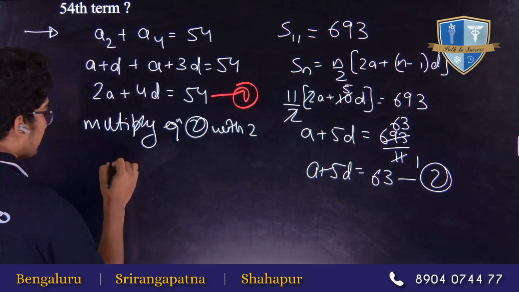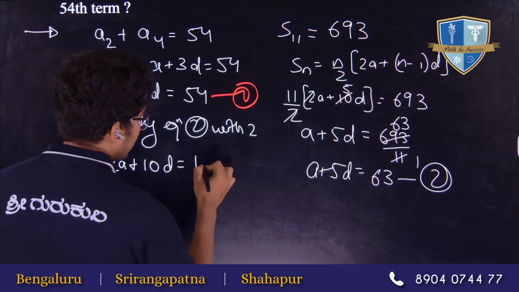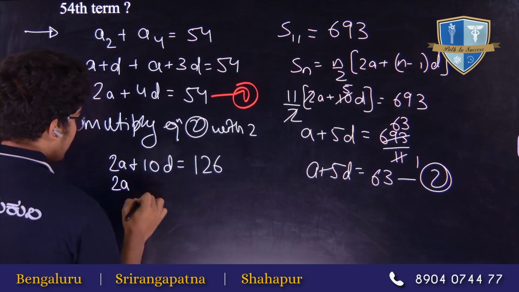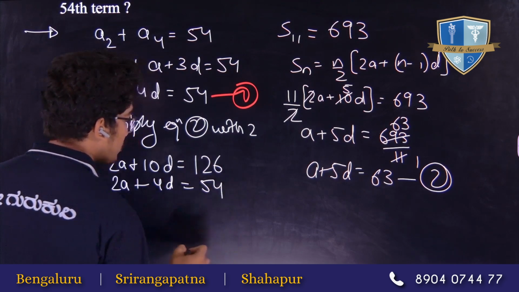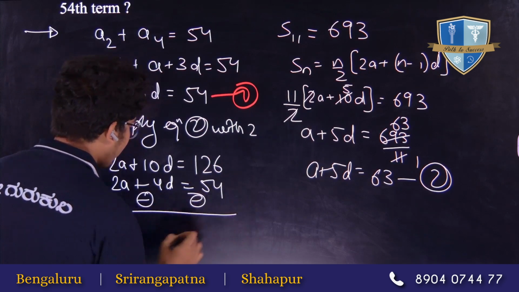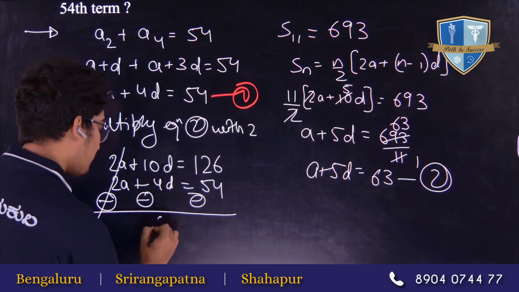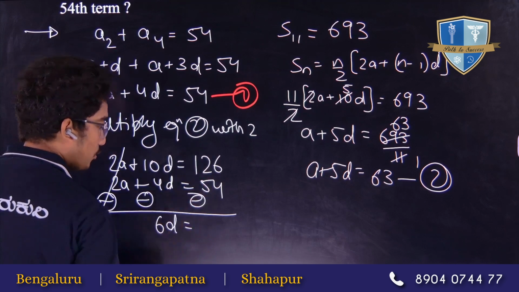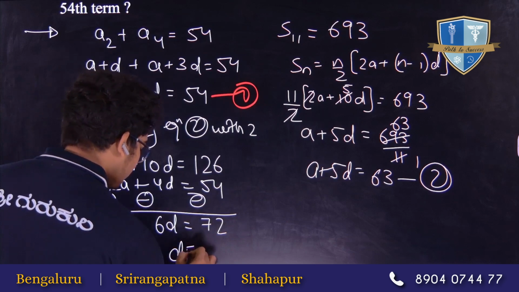So what we will get is 2a plus 10d is equal to 126, and this other equation we will write as it is: 2a plus 4d is equal to 54. Now using elimination we will subtract, correct? This is known as the elimination method. So 2a minus 2a will be 0, 10d minus 4d will be 6d, and 126 minus 54 will be 72. So this will become d is equal to 12.